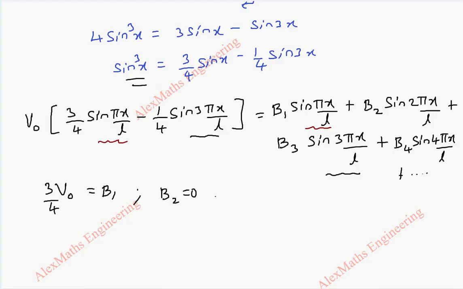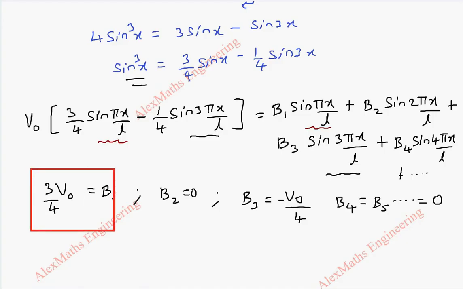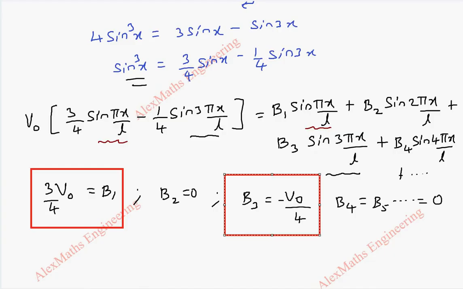From this we can get B3 as V0 by 4 with a minus sign. And after this B4, B5 and so on, all the terms are 0. So we have only B1 and B3.